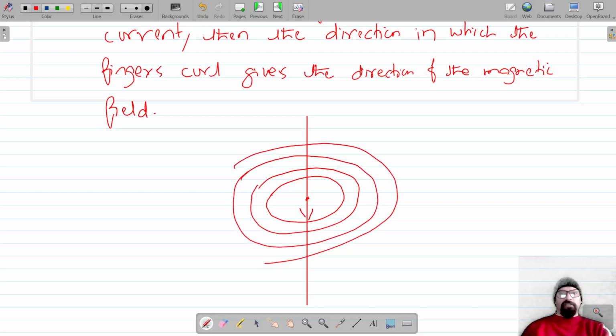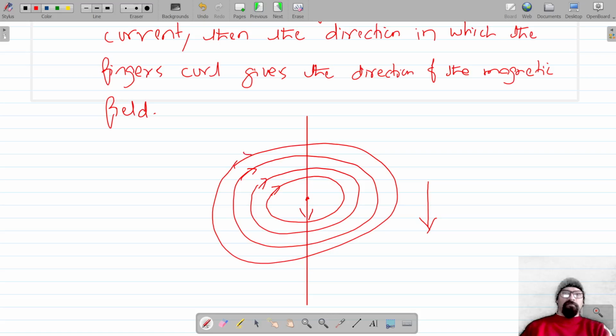And if you use the right hand thumb rule, here the current is in the downward direction. So if we try to grasp the conductor in our right hand, the thumb points downward, and the fingers are curling into the page in this direction.